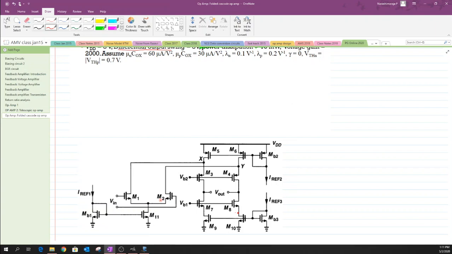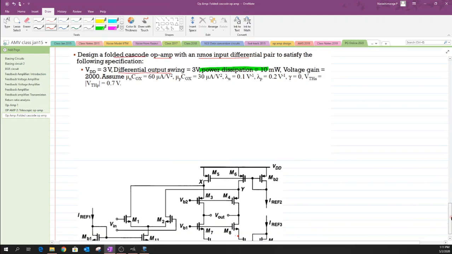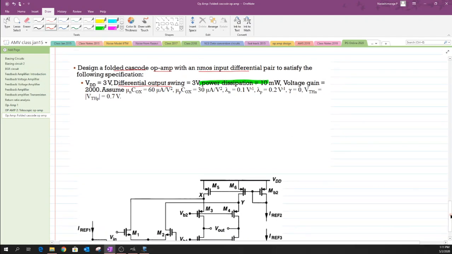Now let us apply the circuit conditions to find the W by L factor for each of these transistors. As we discussed before, we begin with step number 1, to identify the DC bias current condition.